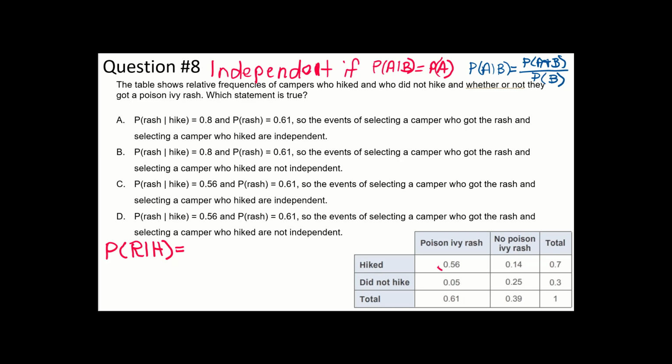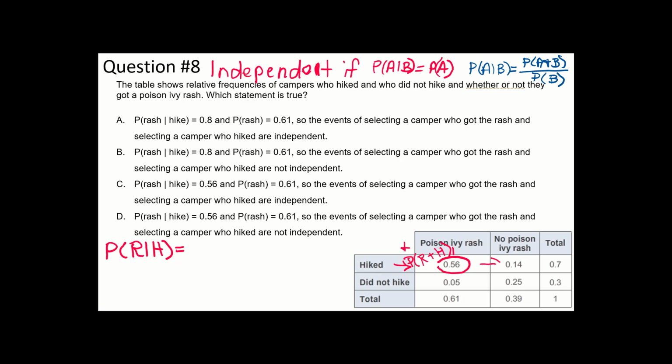This right here are the people that got a rash and hiked. So that's both. That's the probability of rash and hiked, A and B.